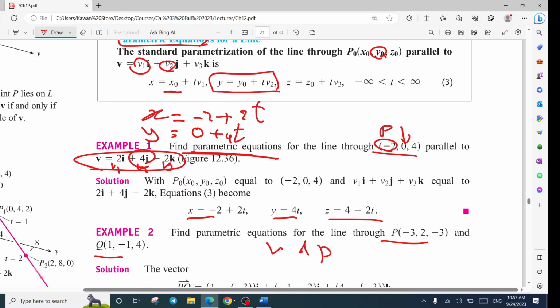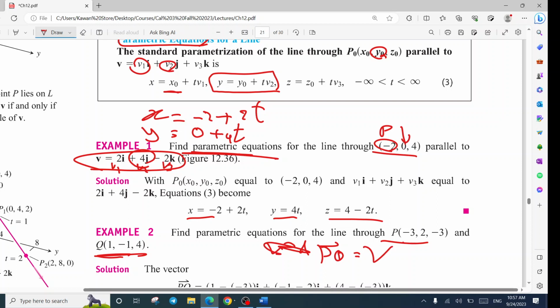Now, using PQ, like a chain, from 12.1, like a chain. Each time we are to add in small things. So we have P and Q, so I'm going to find PQ, meaning my vector.